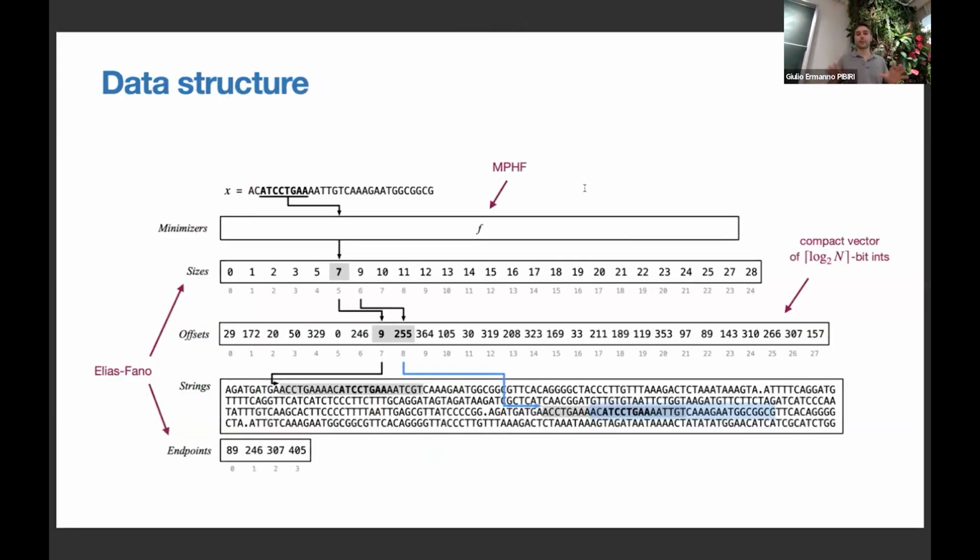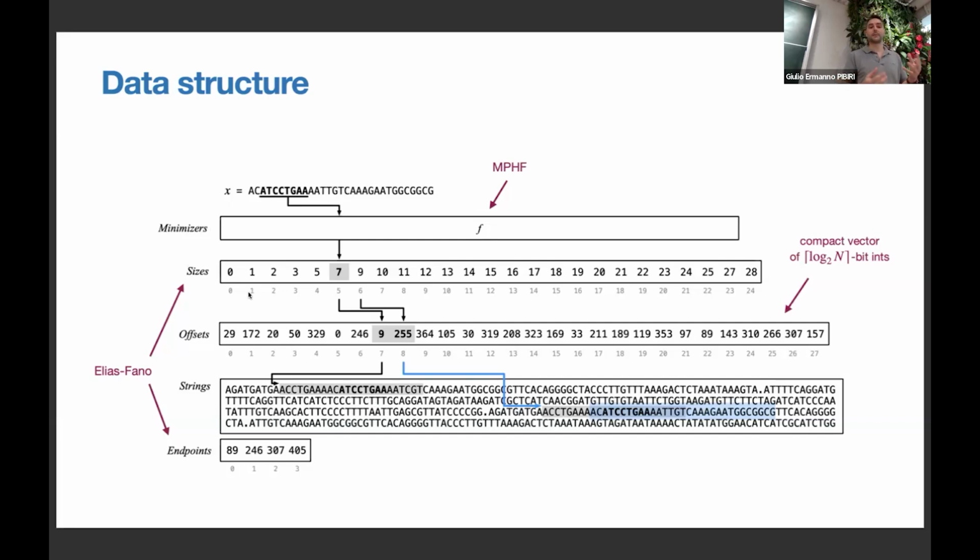So this is the overall schematic data structure. Again, very briefly, we have this minimal perfect hash function f. We have the SPSS, as we said. We have the offsets.